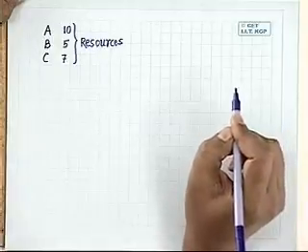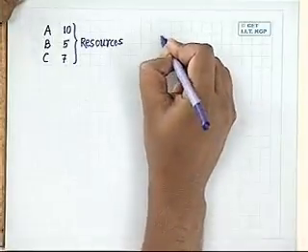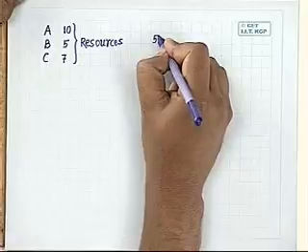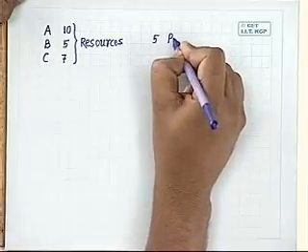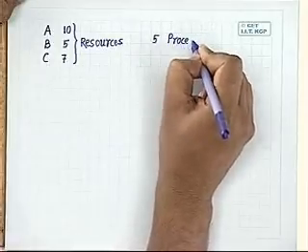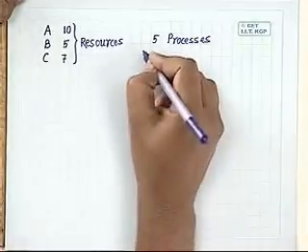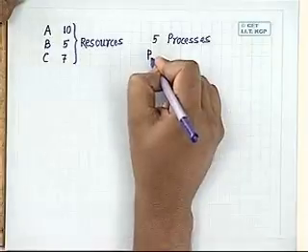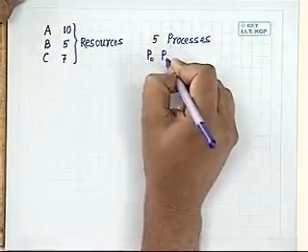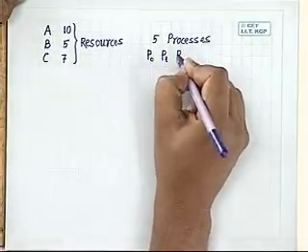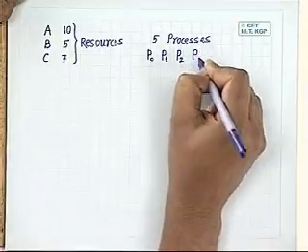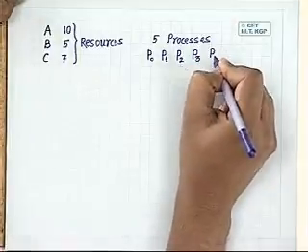We assume that at a particular instant of time, there are 5 processes in the system who want to share these resources. We name the processes P0, P1, P2, P3, and P4.